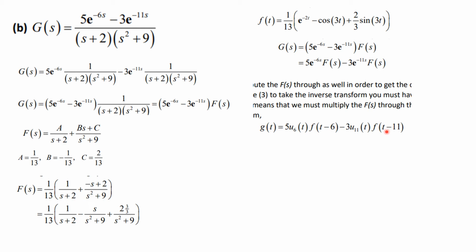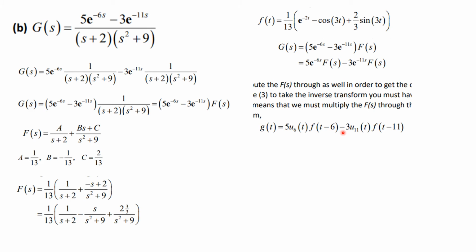Now I want everyone to realize that this answer says that in expanded form this would be 5 u sub 6 of t, times 1 over 13 e to the minus 2 times t minus 6 in the exponent, minus cosine 3 times, in parentheses, t minus 6, plus 2/3 sine of 3 times t minus 6.